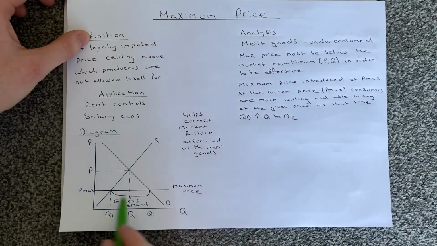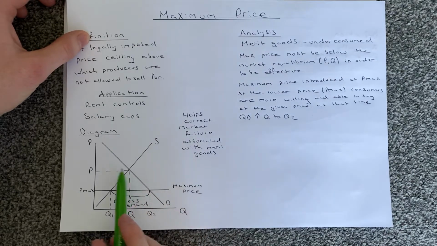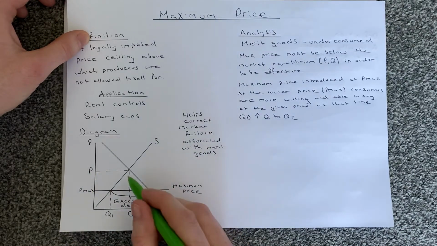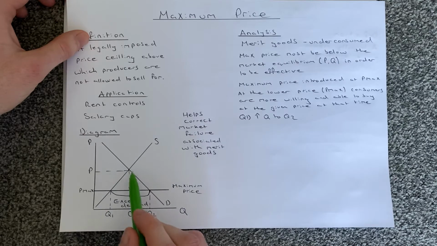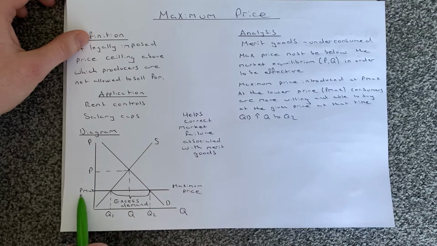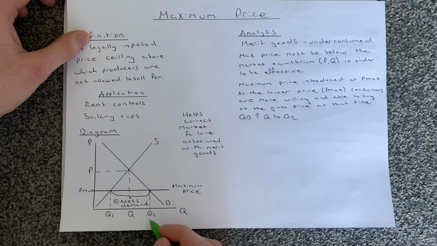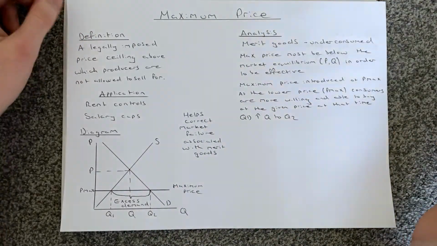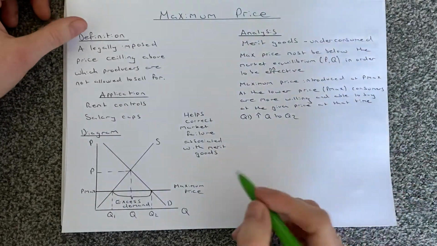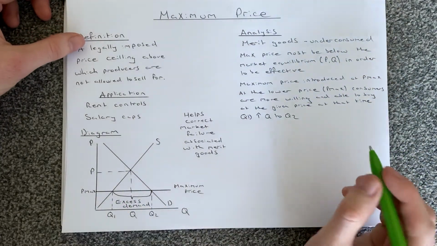We see here that previously at the price P, the quantity demanded would have only been Q. But with this maximum price being introduced, it should lead to a greater quantity demanded because consumers are more willing and able to buy at that given price, P max, and therefore the quantity demanded would be Q2. Let's just have a look at other things we can explain with regards to our diagram.